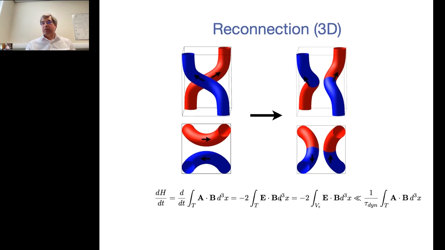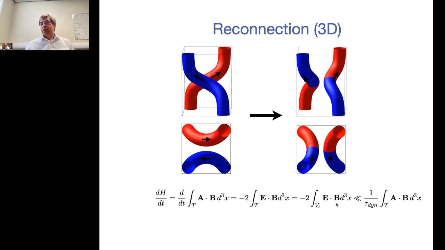The electric field which is necessary for that process is very localized in the domain. So we integrate over a rather small volume where this quantity E dot B is non-zero, while in most of the domain it is close to zero.